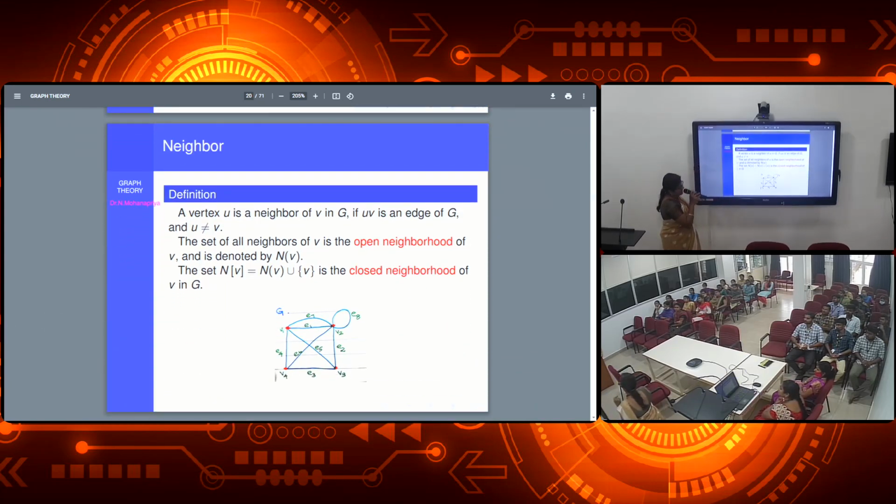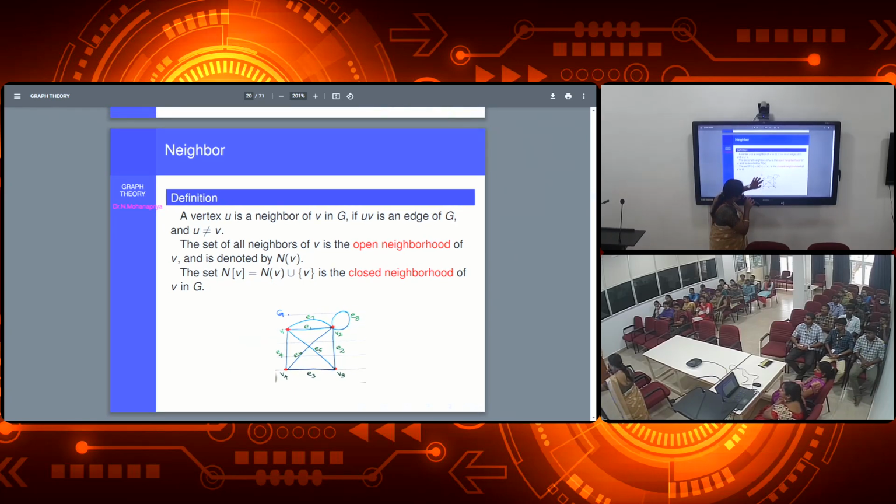Next, neighbor. Here we are going to see 2 neighborhoods, the open neighborhood and the closed neighborhood of a vertex in a graph. The open neighborhood of V1 is the set of vertices which are all adjacent to the vertex V1. Which are the adjacent vertices? V2, V3 and V4.